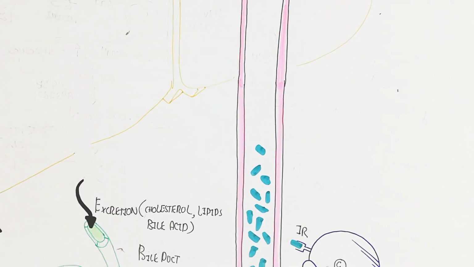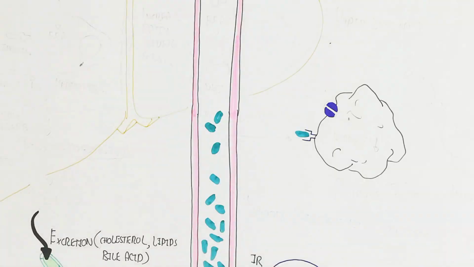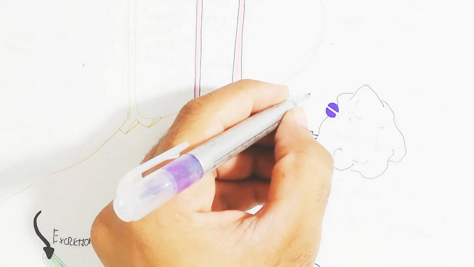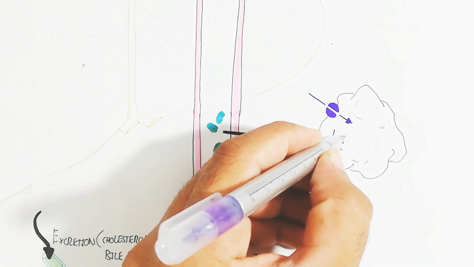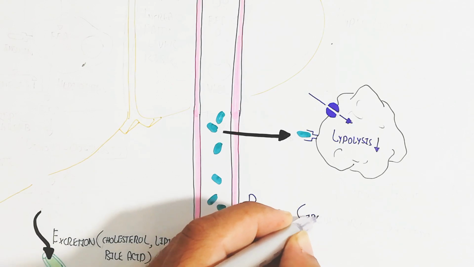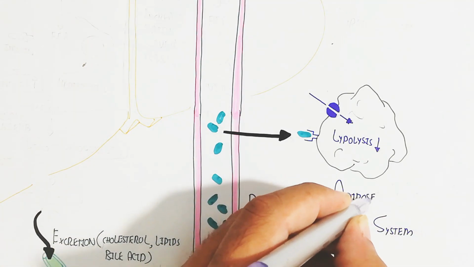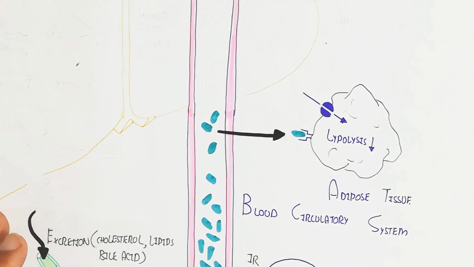So this is a muscle or liver cell. But remember that insulin resistance means the insulin receptor will not work correctly. Like this is the adipose tissue: lipolysis will decrease when the insulin receptor works correctly, but lipogenesis will increase.